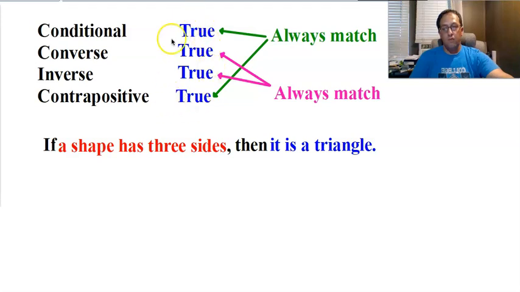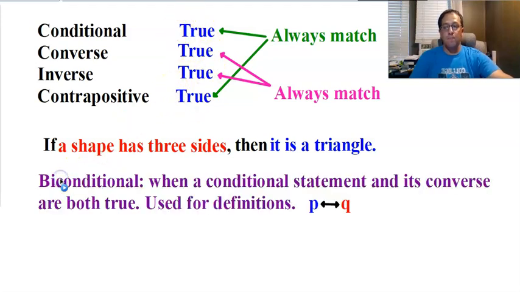And so now all of these are true, and this gets a special name. This is called the biconditional. This is when a conditional statement and its converse are both true. And this is going to be definitions. Okay? All of your definitions will be biconditional statements. And the symbol for that will have P, and then an arrow going both ways. So this is P if and only if Q, because it works if P then Q, and we can turn it around and go if Q then P. They both work, and so this is biconditional.